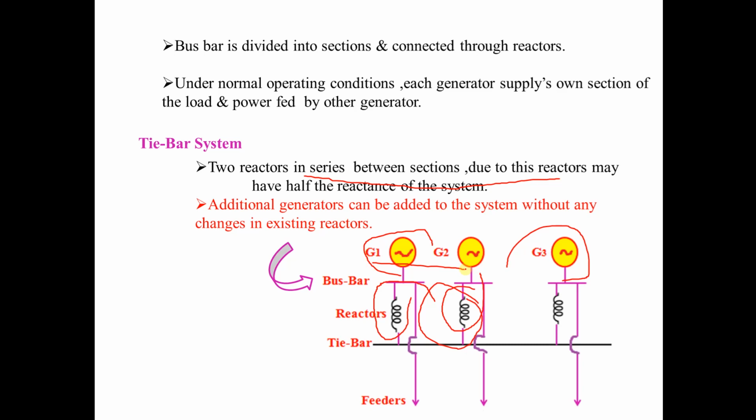So here it also has some disadvantages, which means it requires some additional bus bar, that is, the tie bar. Okay, so these are some of the current limiting reactors.